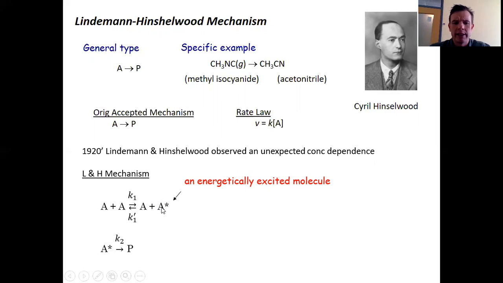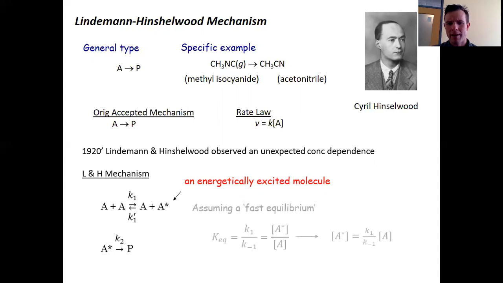This energetically excited molecule would fall apart and form the products. So it's a two-step mechanism. And the way most people thought about this is, well, if this happened, this would have to very quickly fall back and relax back to the ground state. The language for that is we're assuming a fast equilibrium. This exists in a fast equilibrium.